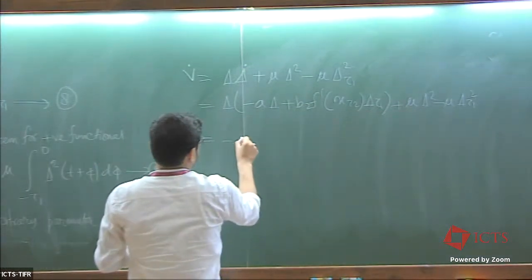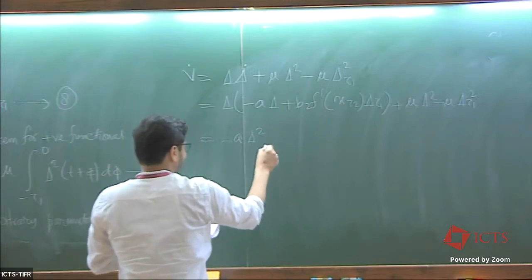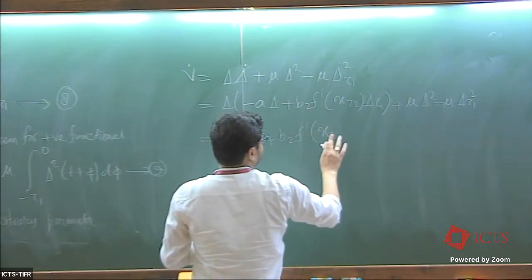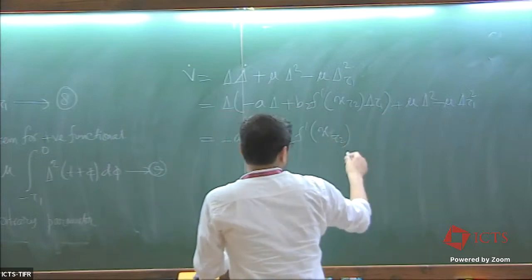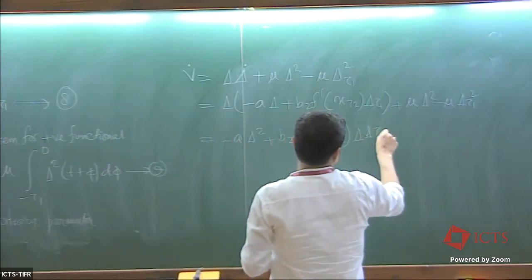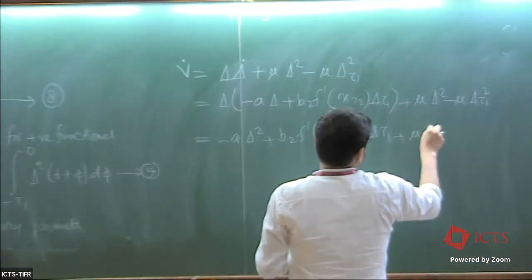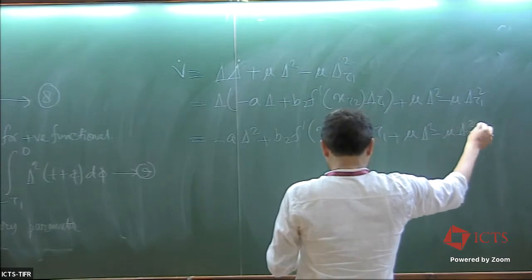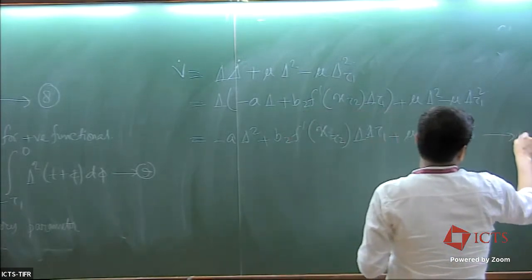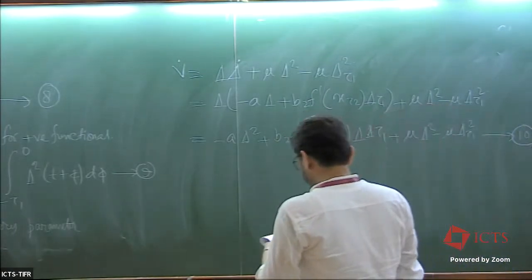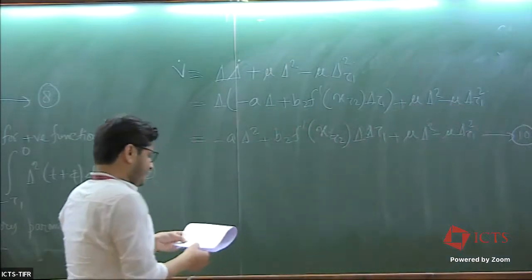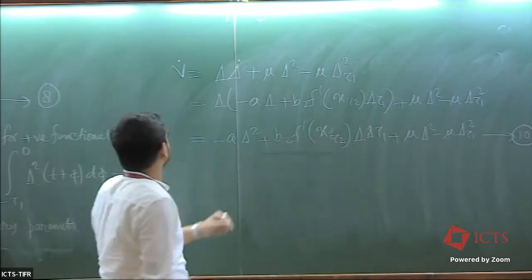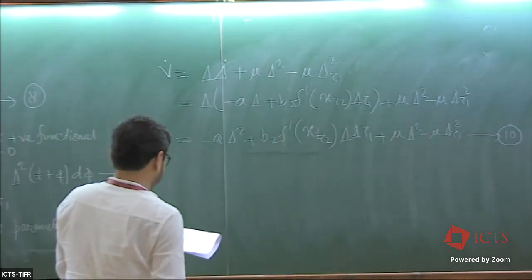It reads minus a delta square plus b2 f prime x tau 2 delta delta tau 1 plus mu delta square minus mu delta tau 1 square. This one is equation 10. Now the right hand side of this must be negative to have the synchronization stable.